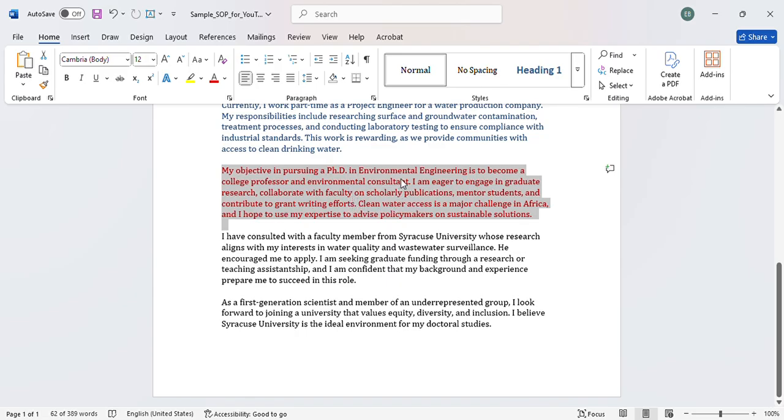Clean water access is a major challenge in Africa, and I hope to use my expertise to advise policymakers on sustainable solutions.